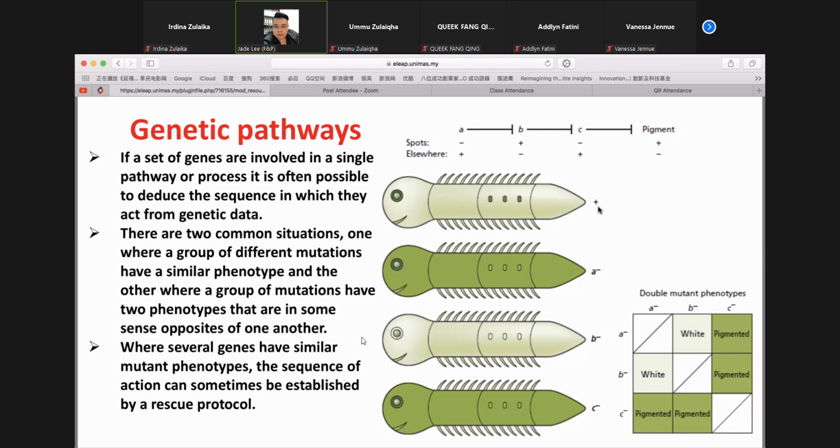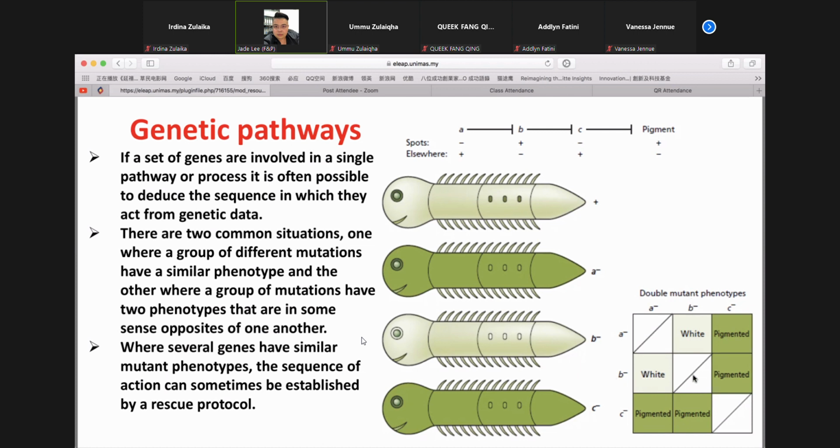Okay, so kalau kita tengok sini A dengan A dia tak ada lah di sini, memang square ni memang tak ada. Tapi kalau kita tengok mutant B dengan mutant A, dia akan menjadi white. And mutant A dan mutant C dia pigmented. Okay, and kalau B dengan B dia tak ada di sini. So B dengan A di sini white.